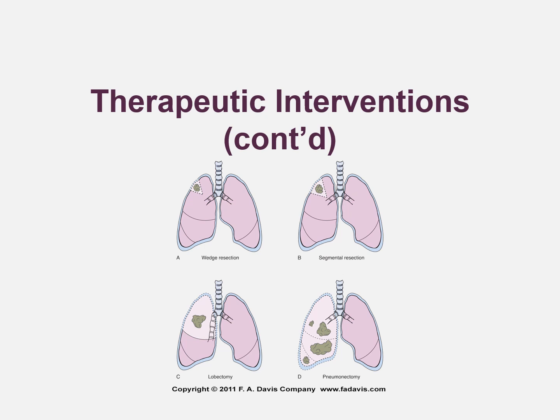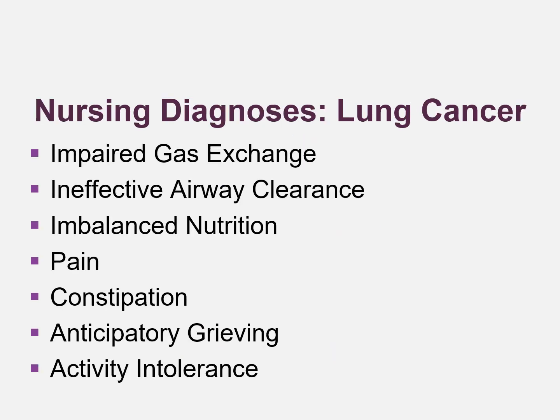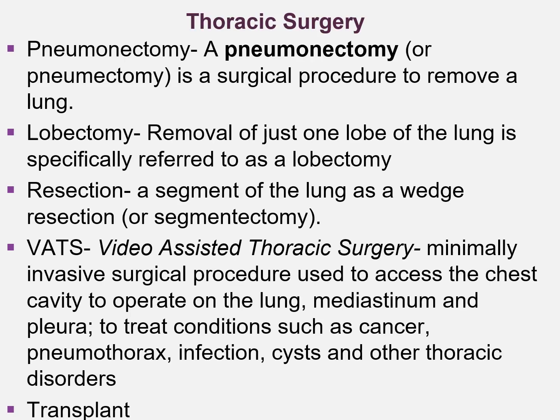Then they have a segmental resection in figure B, and then C shows an actual lobectomy where they took out a whole section, and then a pneumonectomy where they have removed the entire lung. So for lung cancer, we have impaired gas exchange, ineffective airway clearance, pain, anticipatory grieving.